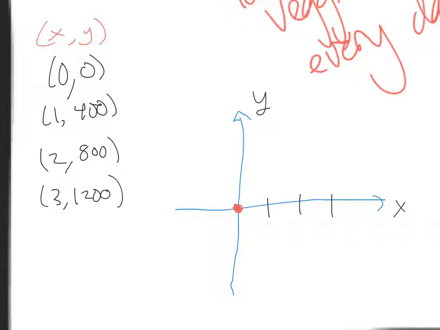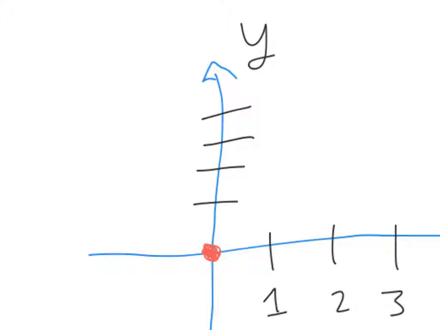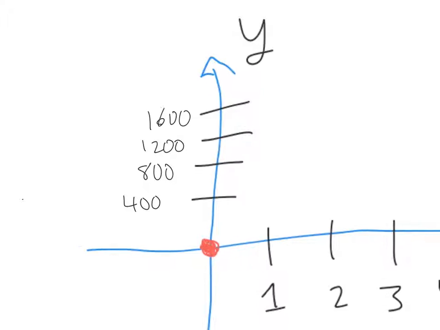1, 2, 3, 4. Okay, so this is going to go by ones, and then my y-axis I'll make it by 400s. 400, 800, 1,200, 1,600. Okay, so let's graph the other points.